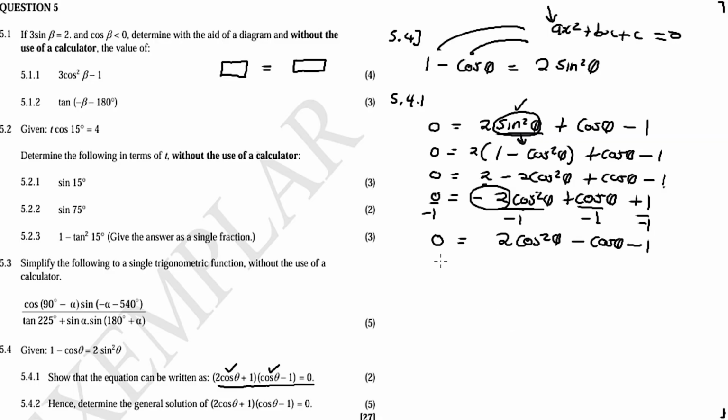Now we can factorize. Open bracket, open bracket. Here 2 cos theta, then here cos theta, then here 1, a minus 1, and a plus 1. Let me explain.